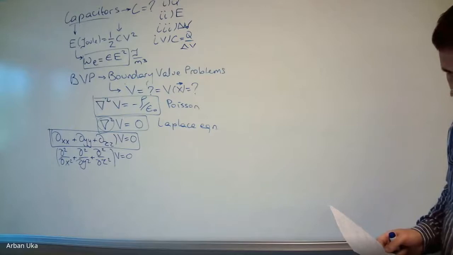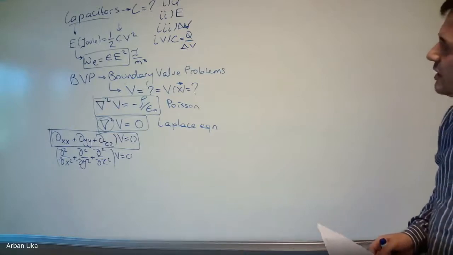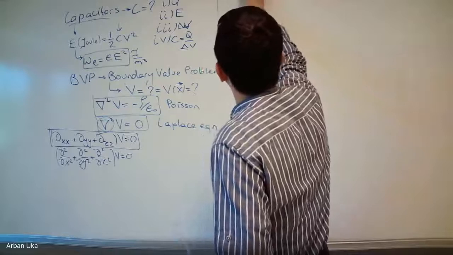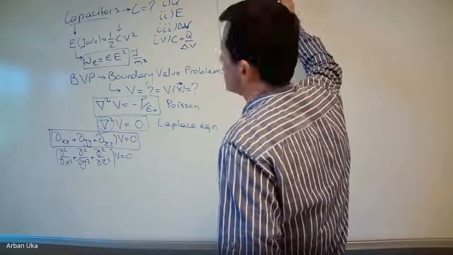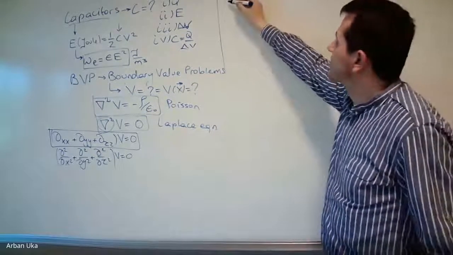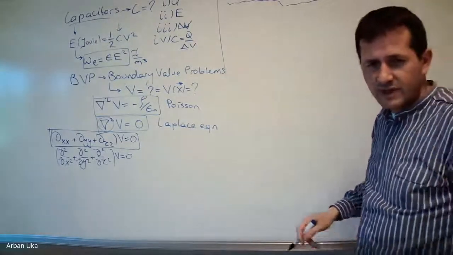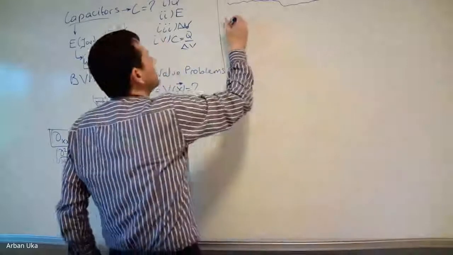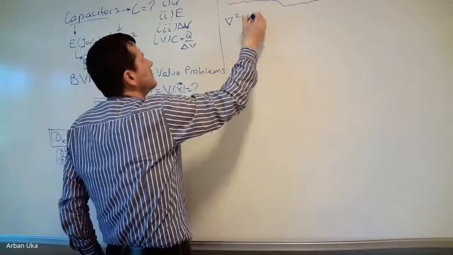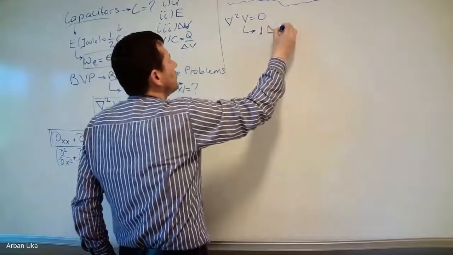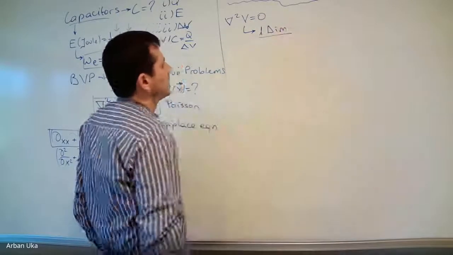Now, regarding the Laplace equation, I believe you can all see this part of the board, so the Laplacian is equal to 0. We can consider initially the one-dimensional case.